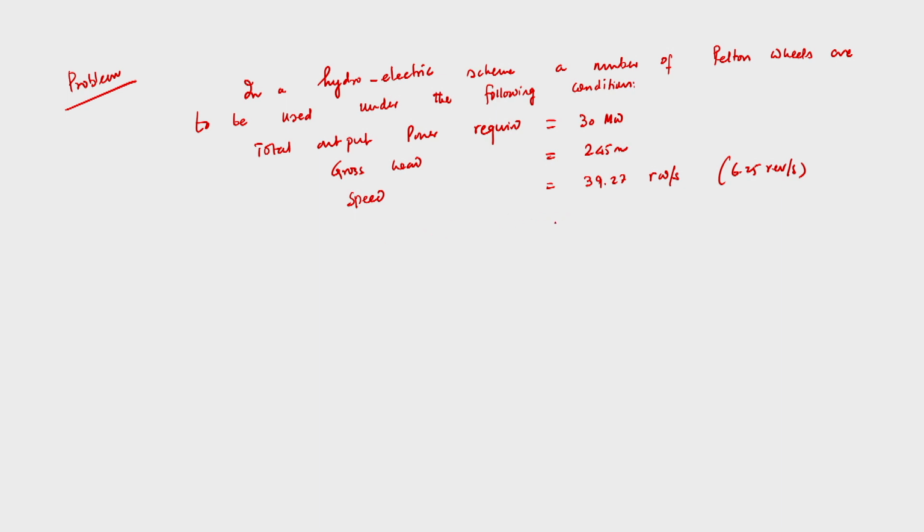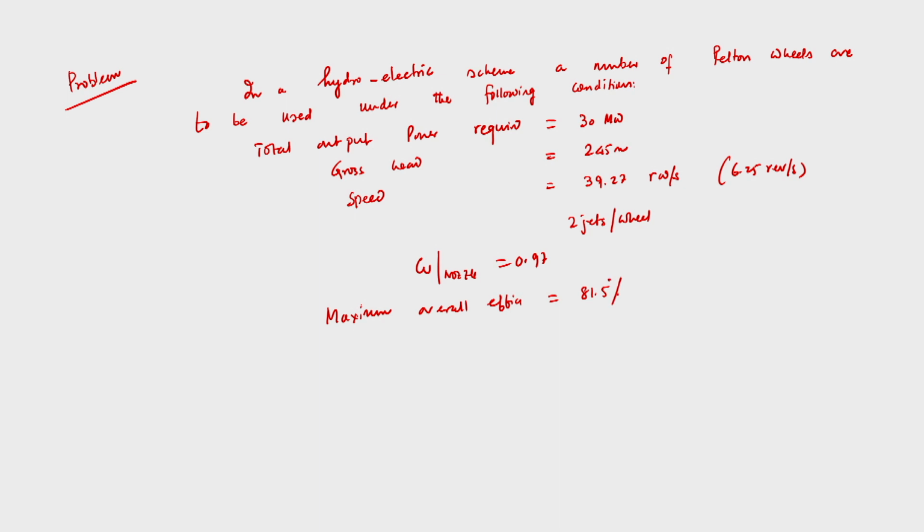It is given 2 jets per wheel. CV of the nozzle is equal to 0.97, that is the coefficient of velocity. Maximum overall efficiency, based on the condition immediately before the nozzles, is equal to 81.5%, that is given.